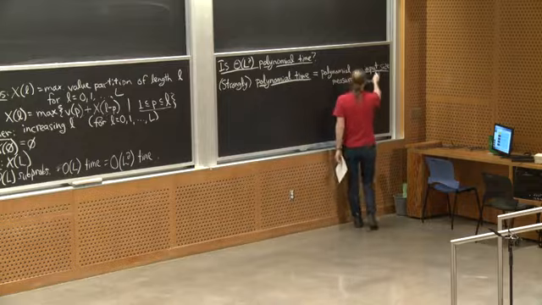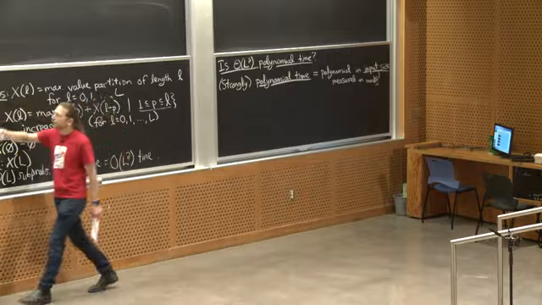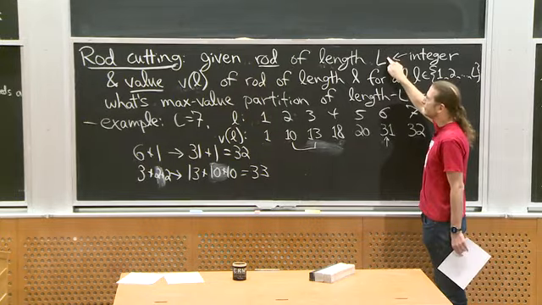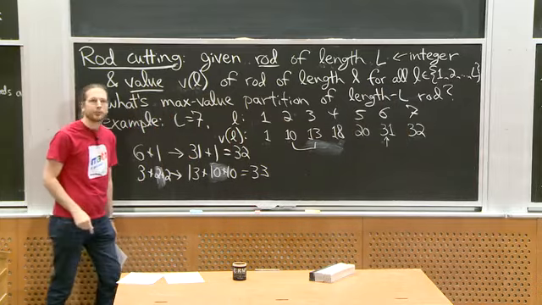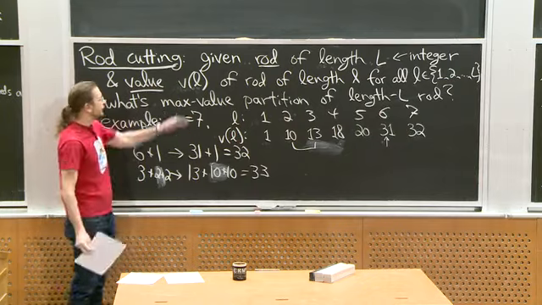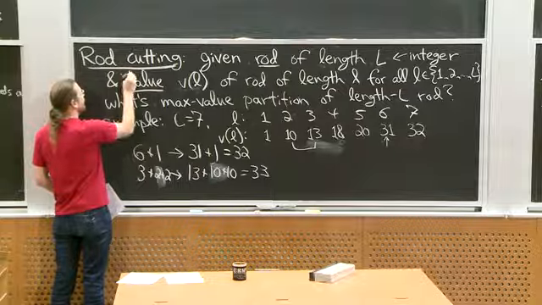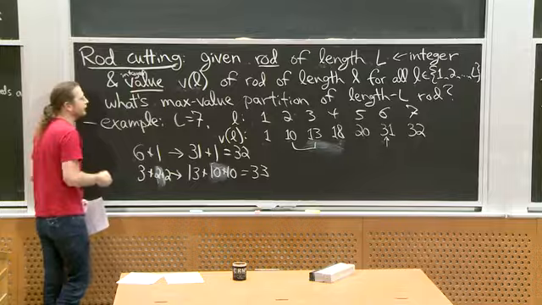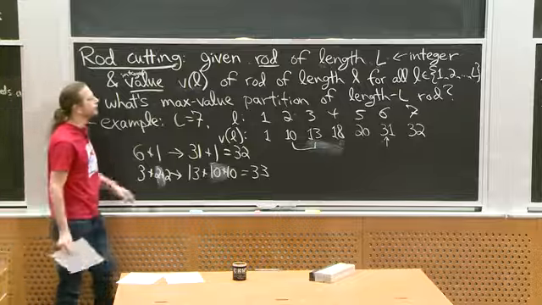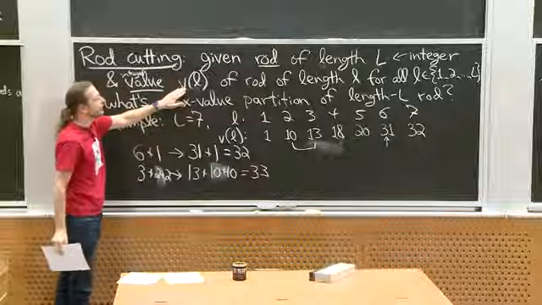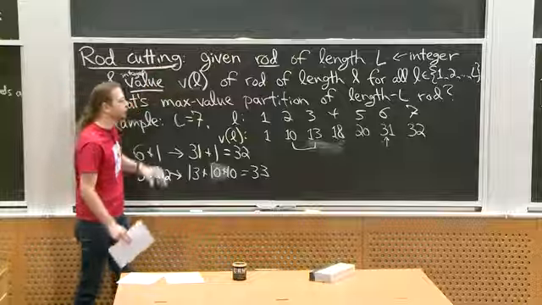And so the natural way to measure the size of an input, so in this example, rod cutting, the input is a single number L and this value array V of L, which is capital L numbers. So I would say integers. And throughout this class, we assume that all the integers, unless otherwise specified, fit in a word. So we've got one word here and L words here. So the total size of the input to this problem is L plus 1 integers.